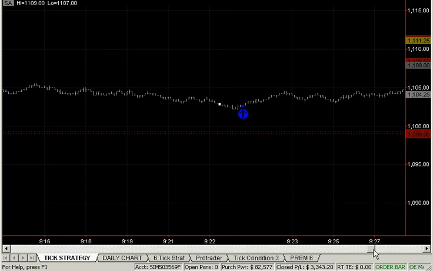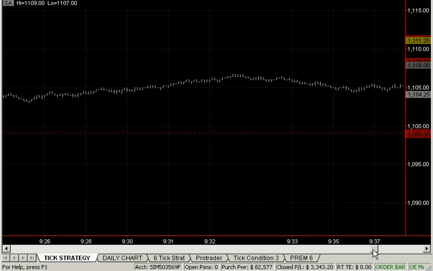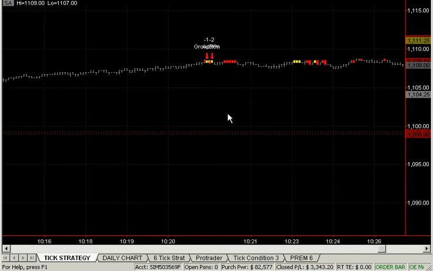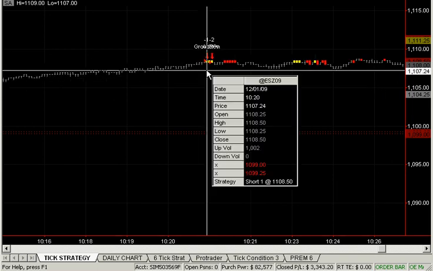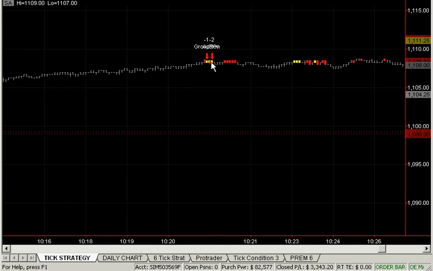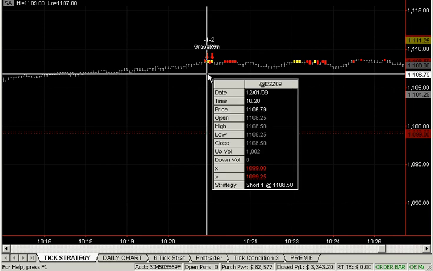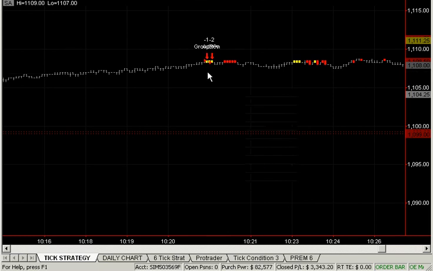And the automated system rides you right up until we get divergence again on the VIX using the yellow colored bars. That also corresponds with 1108.25, 1108.50 for an exit. That's all automated. That's pretty nice.